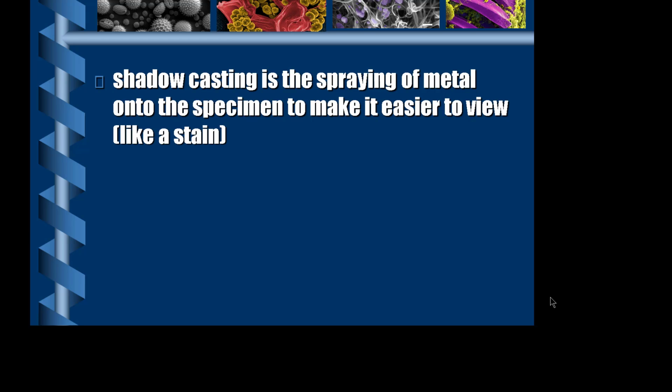So again, it helps a lot with shadowing and that kind of thing. Across the top of this slide are electron images. The one on the left they have not enhanced with colors. The next three they have, and they did that to highlight the bacteria versus whatever it's growing in or on. So they give it a little contrast so it stands out better.